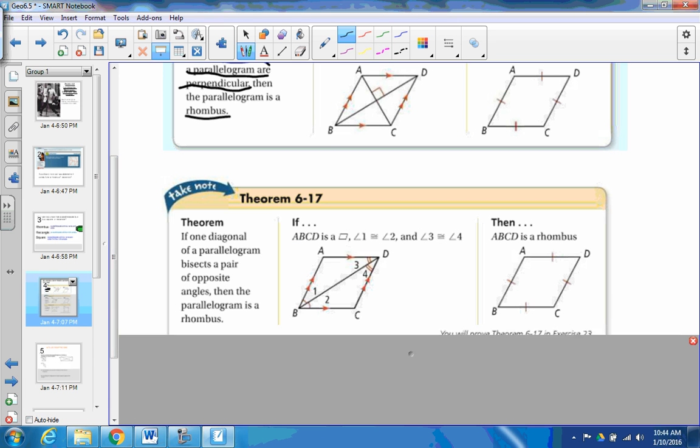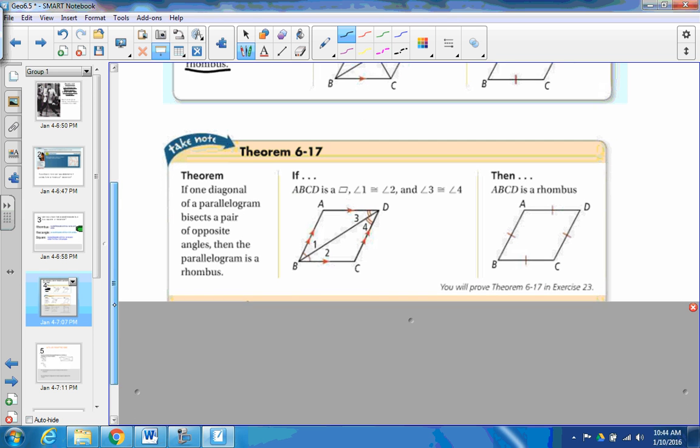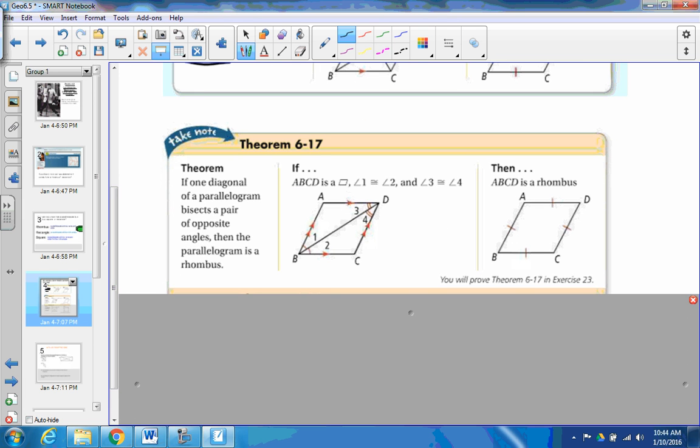Theorem 6.17 says if one diagonal of a parallelogram bisects a pair of opposite angles, then the parallelogram is a rhombus. Interesting. So if at least one diagonal of the parallelogram bisects a pair of opposite angles, so it has to bisect both opposite angles, then it's a rhombus.